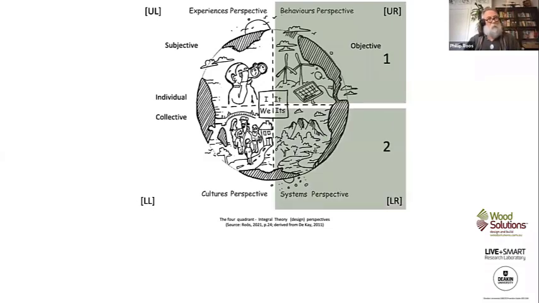The second one we're going to look at goes from the singular building or object to the more systems perspective, and that is where we will look at the bigger things, where it's holistically connected.